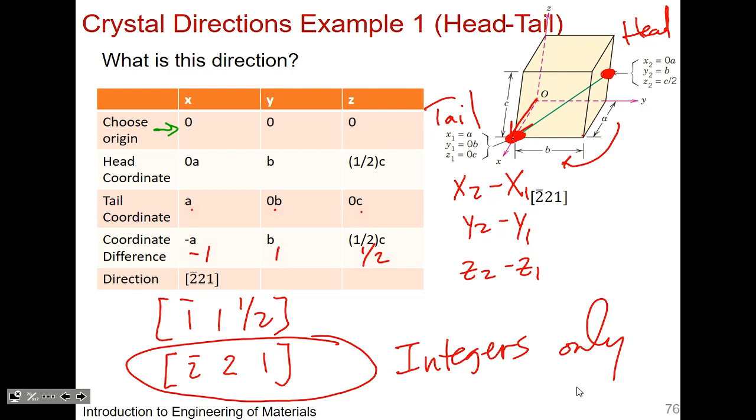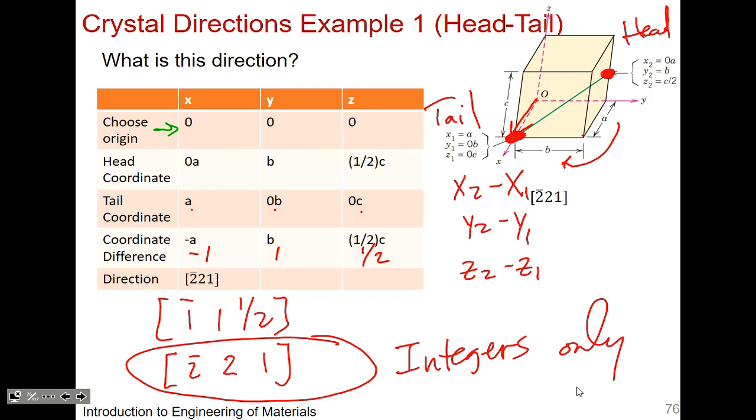When you say, okay, I'm going to use the angle bracket notation to talk about the set, I'm saying something about the equivalency of those directions. Let's say you have BCC and you start at a corner, go along 1, 1, 1 through the center atom, and hit the other corner.